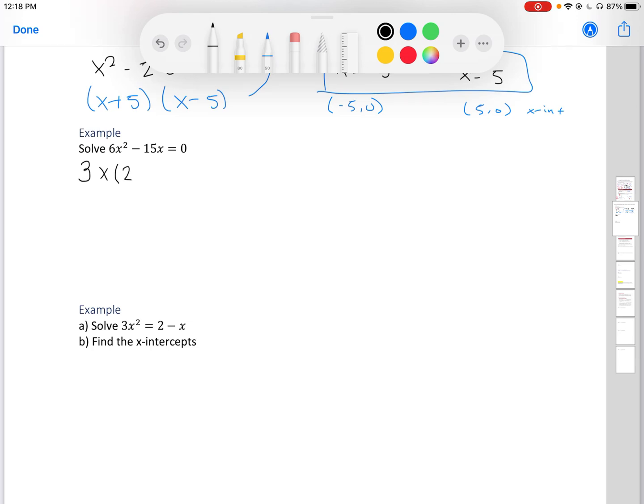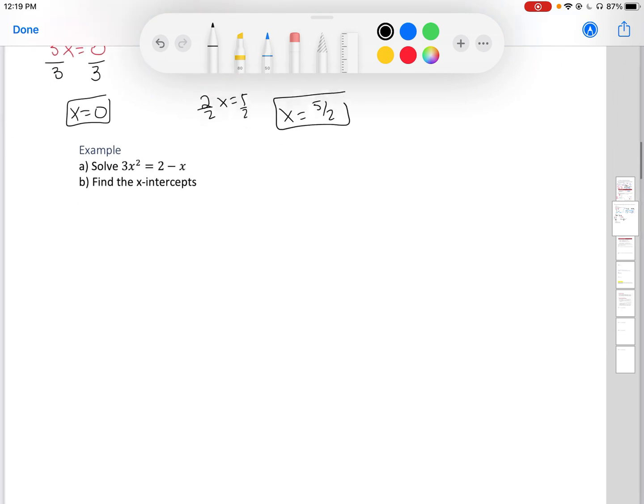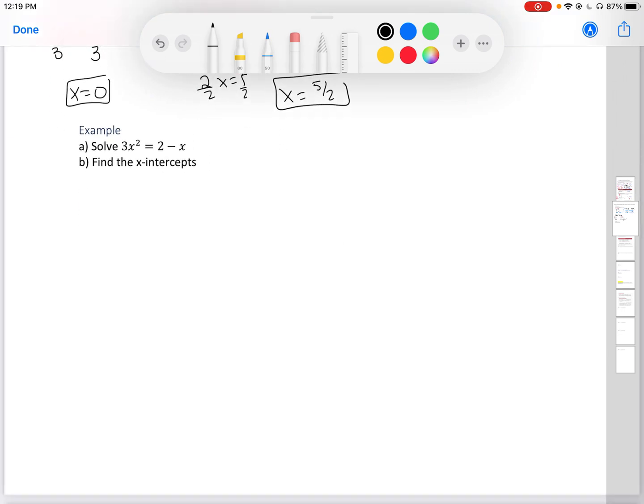So that we have 2x minus 5, and we can set each factor equal to 0. 3x equals 0, 2x minus 5 is equal to 0, divide by 3, x is equal to 0, and x is equal to 5 over 2. So we have solved. I'll let you finish the next one.